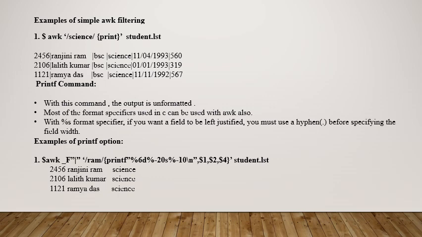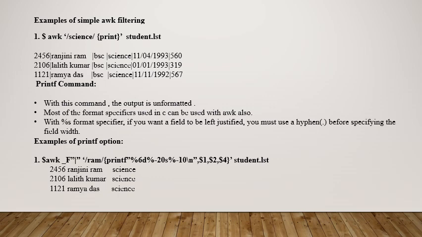So you can see in the example of the printf option, I've used the awk command, and 1, 2, 4 are my fields from the student.list file, for lines with the pattern Ram. So what is the pattern I have to search? Ram. The lines which have Ram are going to be displayed.